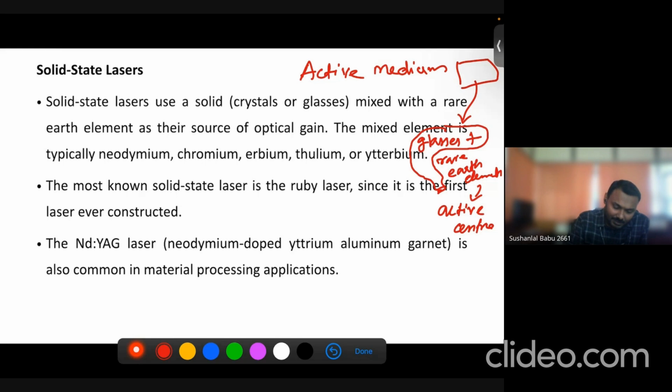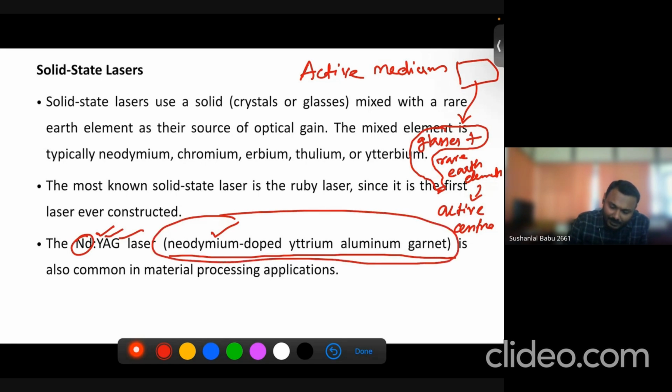For example, neodymium doped yttrium aluminum garnet. This name you have to learn by heart. Nd represents neodymium, doped in yttrium aluminum garnet. Totally, this is the active medium. Yttrium aluminum garnet is the host material. It will carry this neodymium, the active center.